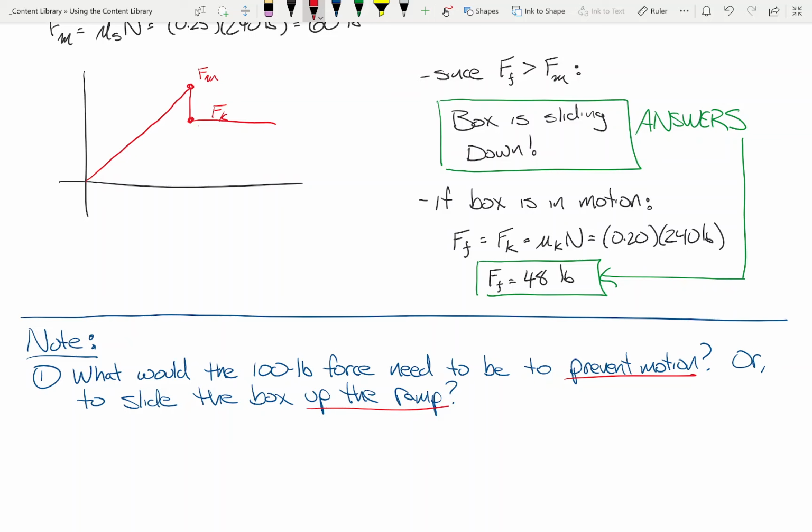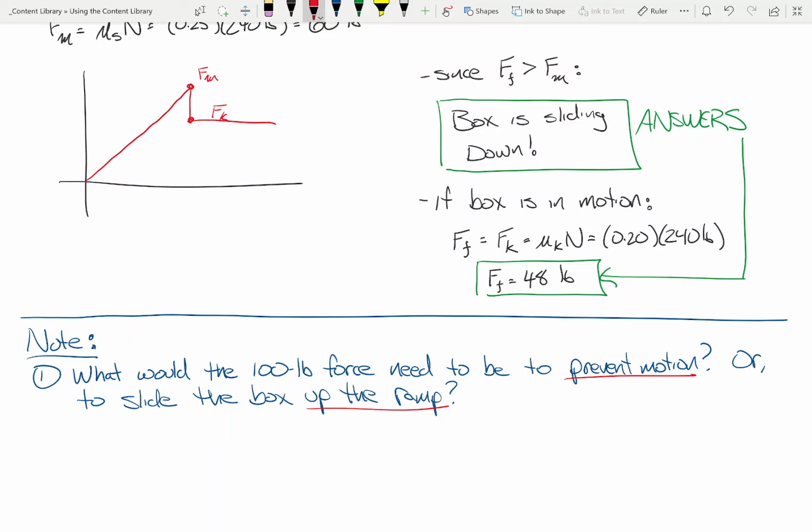So what would the 100-pound force need to be to prevent motion? That one's actually pretty easy, isn't it? Can anybody tell me what that would be? 120.